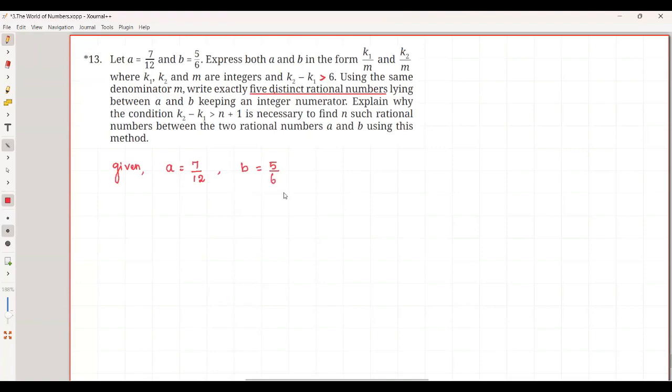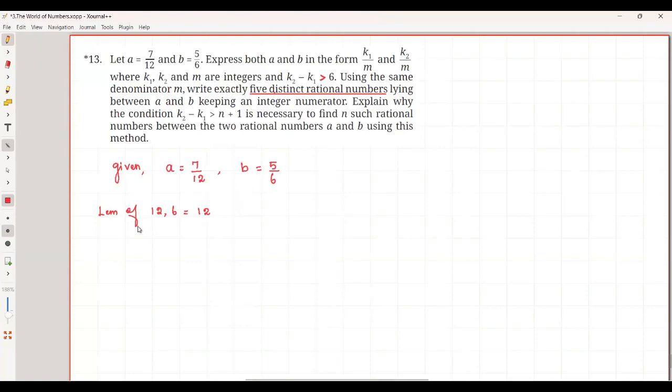As both have different denominators, for finding the rational numbers I have to make the same denominator. For that I have to find the LCM of 12 comma 6, which is 12. I have to make the denominator 12 for both.